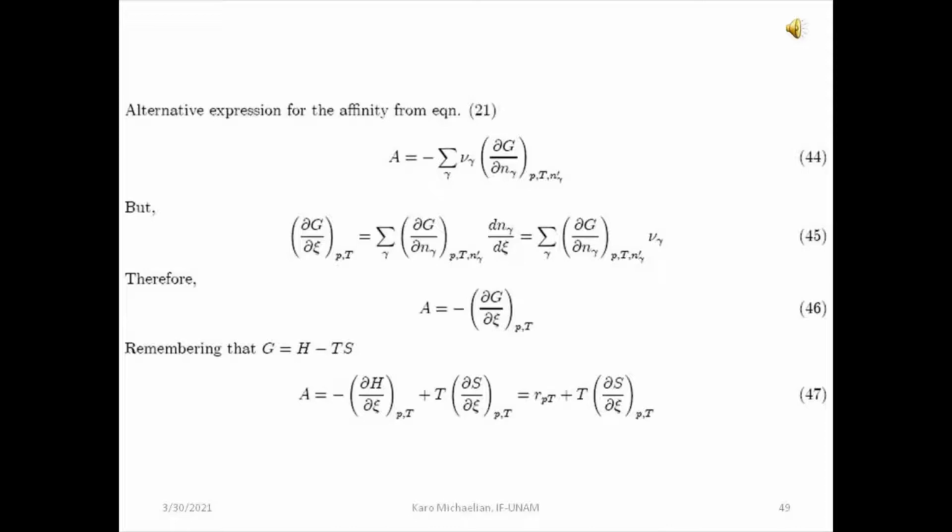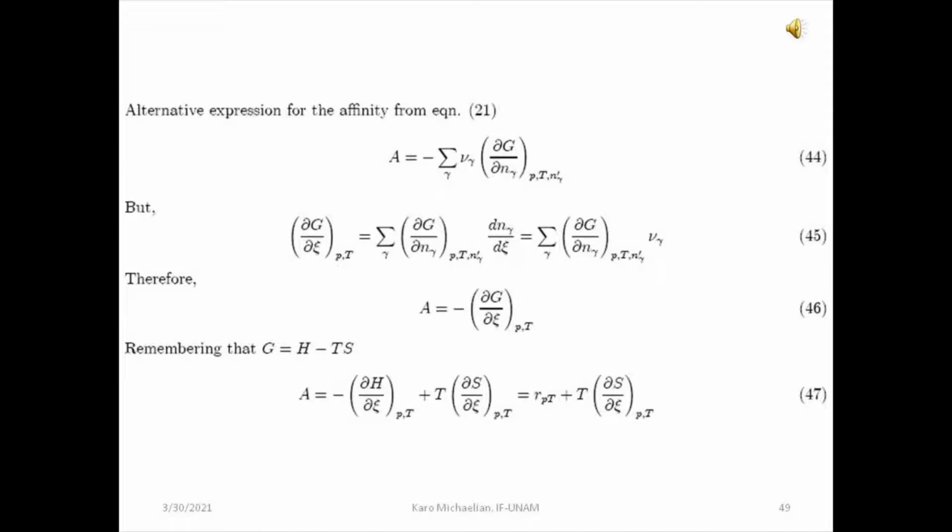But going back to the previous lectures, we know that dN gamma by dChi is just equal to the stoichiometric coefficient, nu gamma. So we have then the last term of equation 45. Therefore, comparing equation 45 with 44, we can write the affinity as just being equal to minus the partial of the Gibbs free energy with respect to Chi at constant pressure and temperature, which is equation 46.